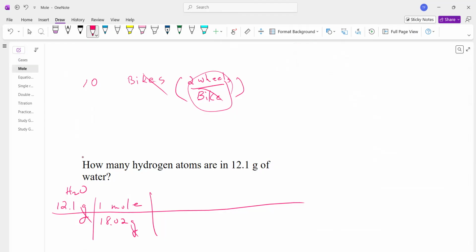What's our next step? Well, it's got to be per mole, because a mole's got to cancel, right? What's the next conversion factor we're going to use?